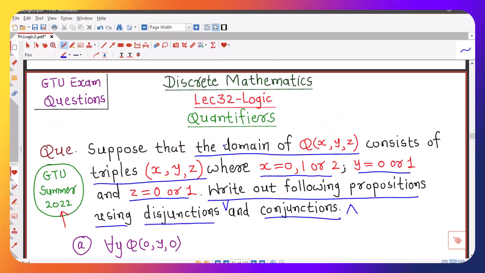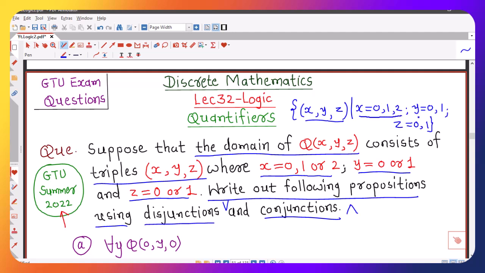So we are given that the domain of Qxyz is the set of all those triples xyz where possible values of x are 0, 1, 2 and y can take values 0 and 1 and possible values of z are 0 and 1. So we have to consider only those triples.